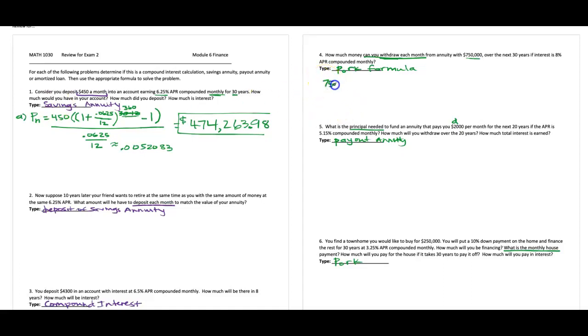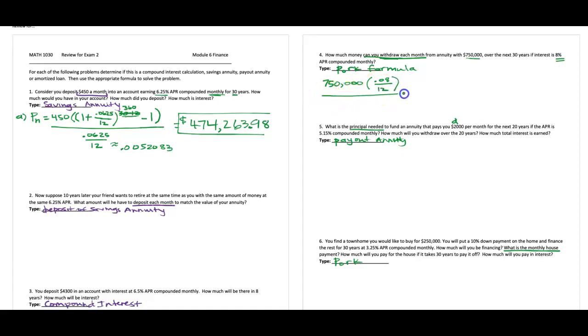Okay, so that's why that's our start amount. So we'll have $750,000 times the interest rate divided by the times compounded. So 0.08 is our interest rate, divided by 12.